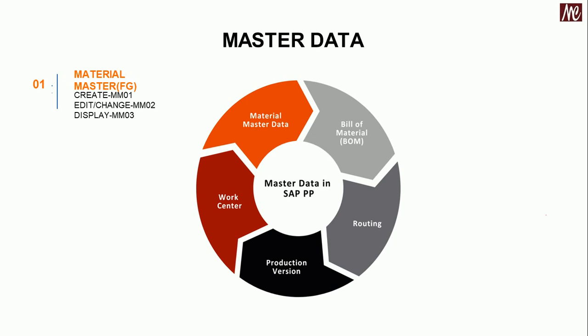That's called a create. Similarly, if data is already available in the existing system and you want to modify it, that is called a change. Display is used for reporting purposes, but it is a single record visualization. There is a far difference between report and display.